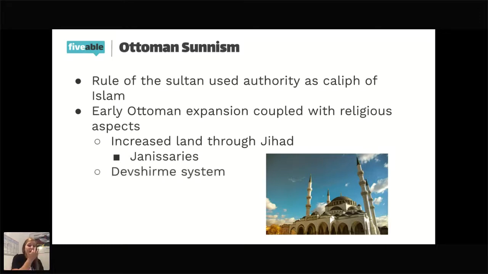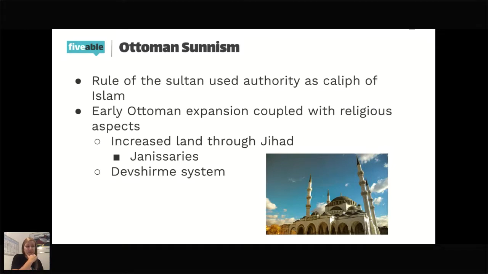Now, let me explain the devshirme. What this does is, in non-Muslim areas of the empire, this devshirme system forced people to give up their children as a kind of taxation. Now that sounds kind of crazy, but we've had forced labor taxes in other parts of the world.